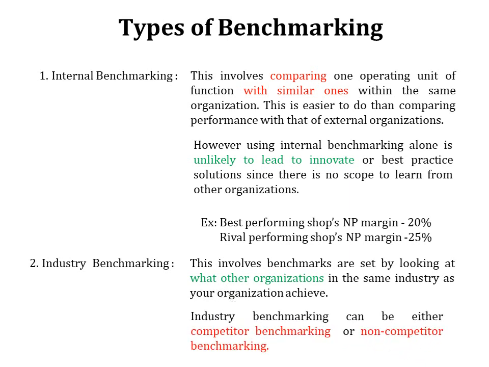In competitor benchmarking, information is gathered about the performance of direct competitors. Non-competitor benchmarking is particularly relevant for non-profit organizations. For example, it could be useful to compare exam success rates between schools or mortality rates between hospitals.